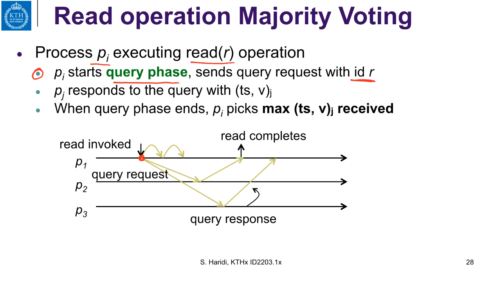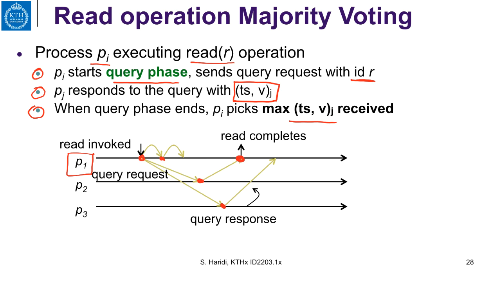Each process, for example P2 here and P3 and also P1, responds to the query with its current timestamp value pair. And when the query phase ends, and it ends at this point, Pi picks the max value received.